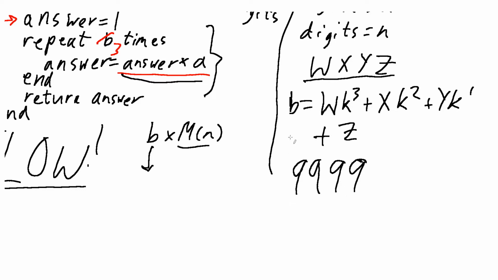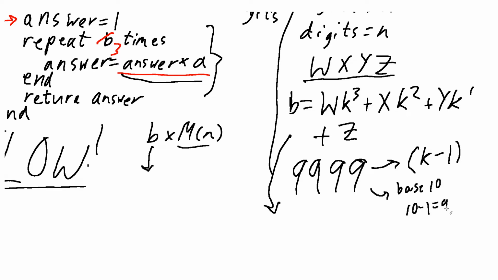If we look at this general case, b, we can say that every single digit of this number is going to be the biggest digit in our positional number system. The biggest digit is going to be equal to the base minus 1. Like in base 10, it's 10 minus 1, which equals 9. So we can call this k minus 1.